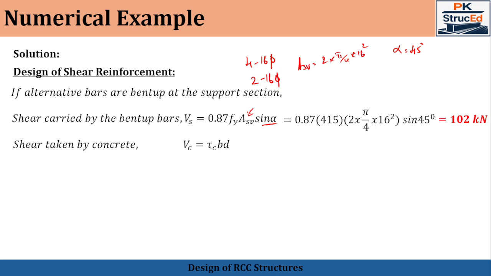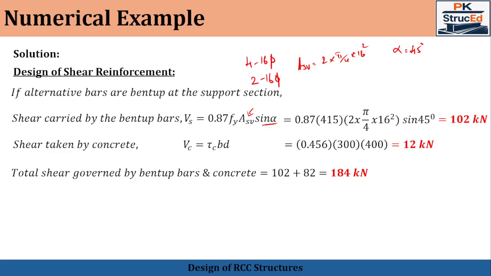The shear taken by the concrete will be computed as Vc equal to tau c into b into d. Tau c has been calculated as 0.456. Multiplying with the effective cross-section, we get the value as 82 kilonewton. So the total shear governed by the bent up bars and the concrete is 184 kilonewton.